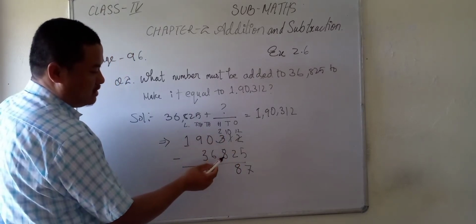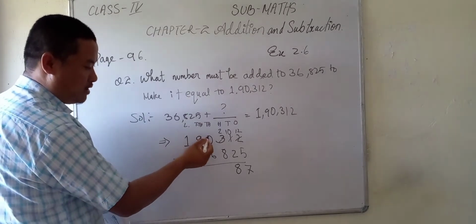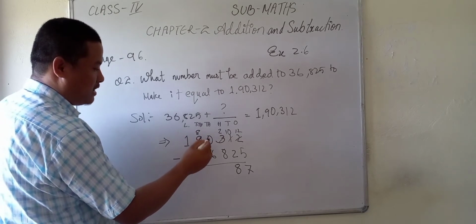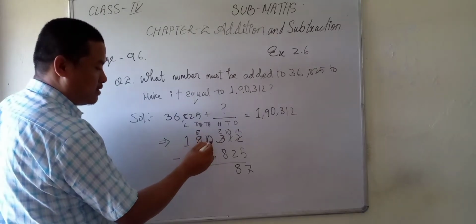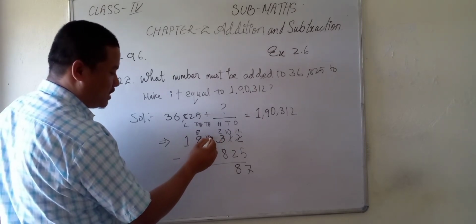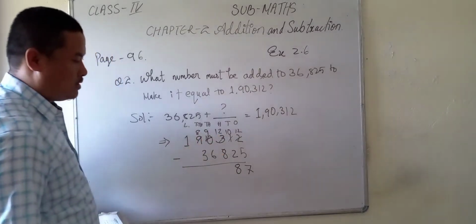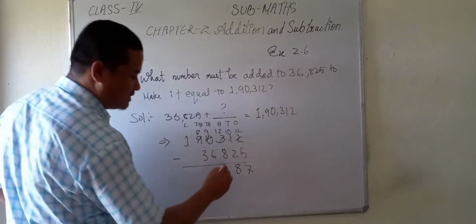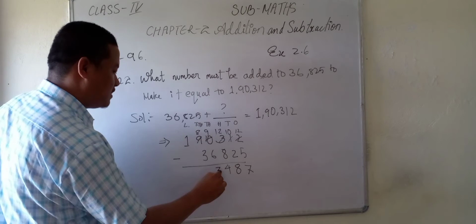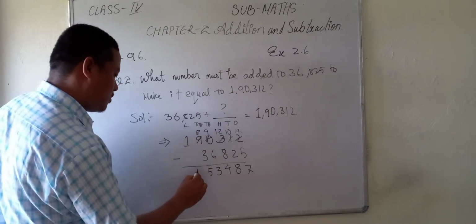Now 2 minus 8. We'll take 10 from 0, but 0 is 0, so we'll take 10 first from 9. When we take 10 from 9, 9 becomes 8 and this 0 becomes 10. Now when we take 10 from 2, then this 10 will become 9 and this 2 becomes 12. Now 12 minus 8 is 4 and 9 minus 6 is 3. 8 minus 3 is 5 and 1.